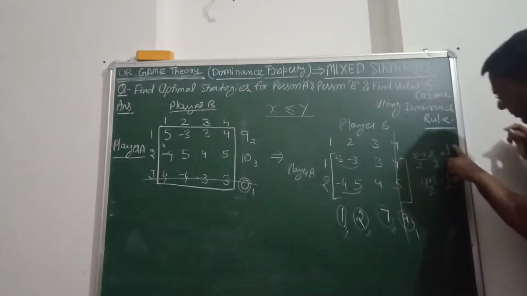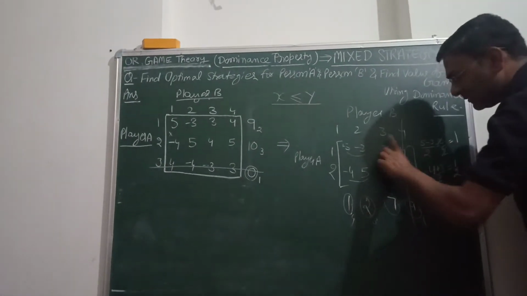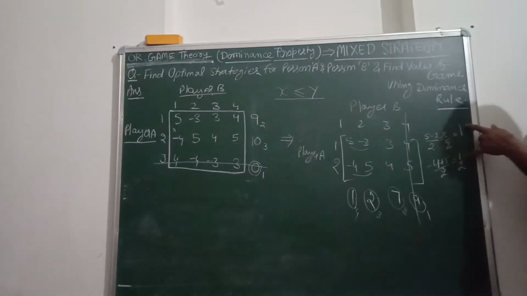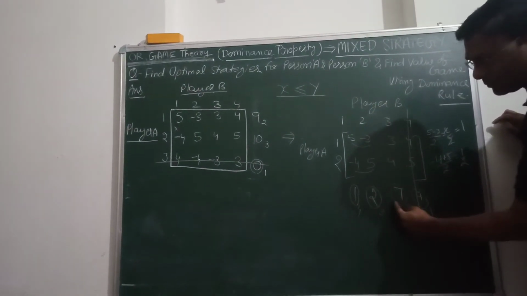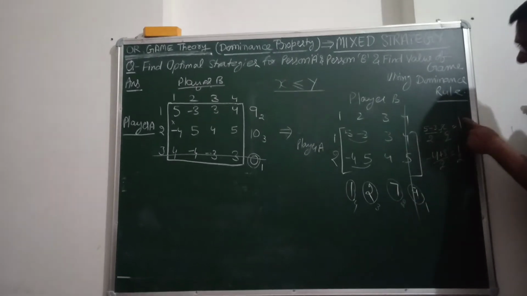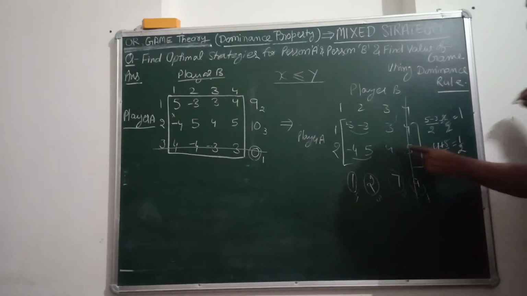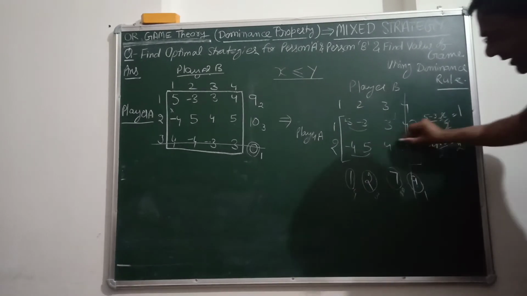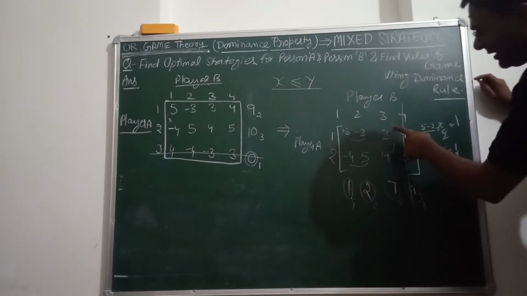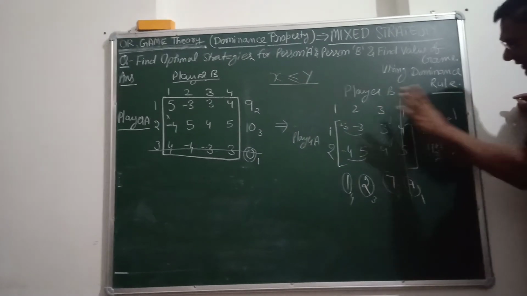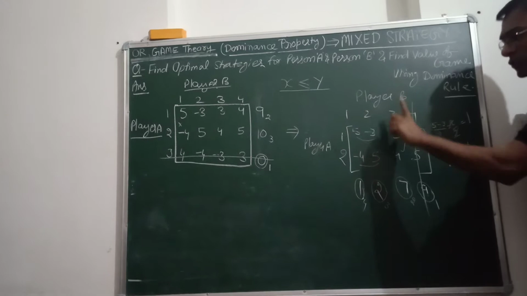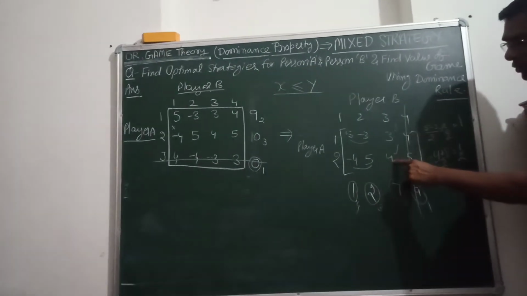Now we will compare these two entries with these. If these values are greater or equal than the average of these values, we can eliminate column 3. Now as 3 is greater than 1, the condition is satisfied. Again 4 is also greater than 1 by 2, so the condition is satisfied. So as the values in column 3 are greater than the average of the values of columns 1 and 2, we can eliminate column 3.